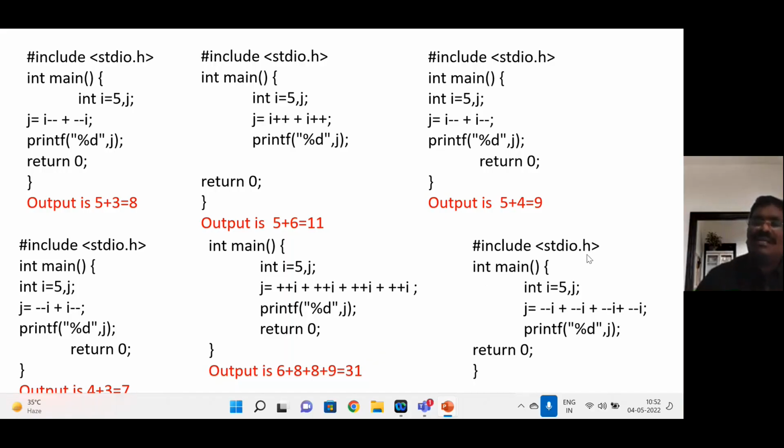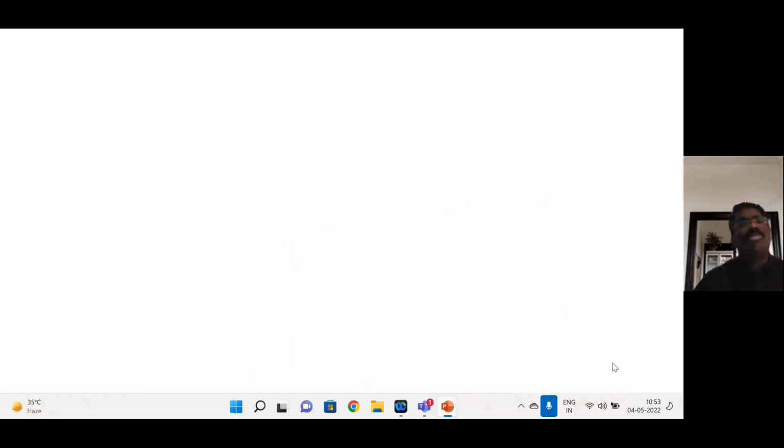The same thing, you can get 4 plus 2 plus 2 plus 1, that is equal to 9.